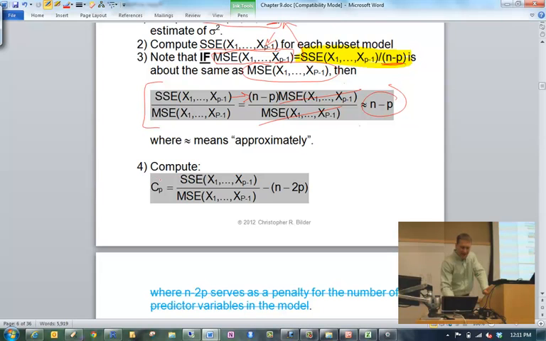The actual C sub p statistic that we look at subtracts off n minus 2p. Here's why. If this is n minus p, and I subtract off n minus 2p, what's going to happen? I get p. So it's just a small adjustment. P, your number of parameters.